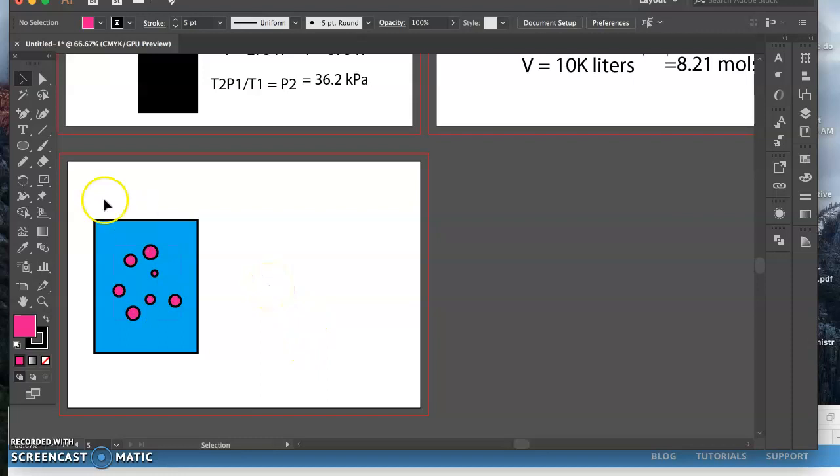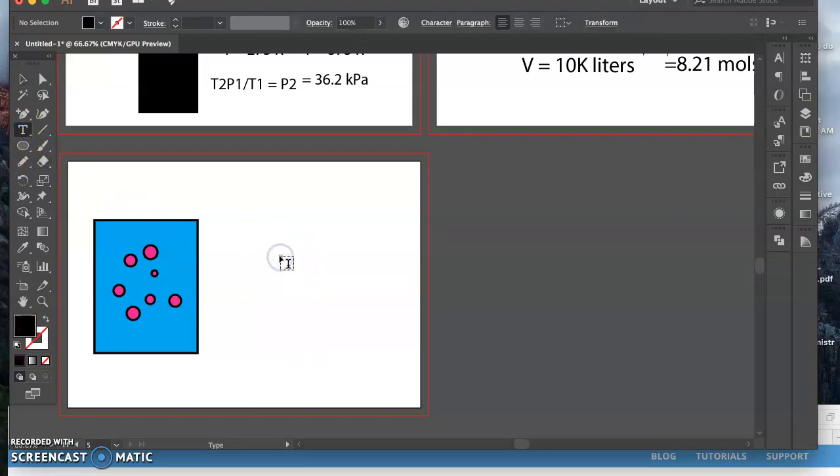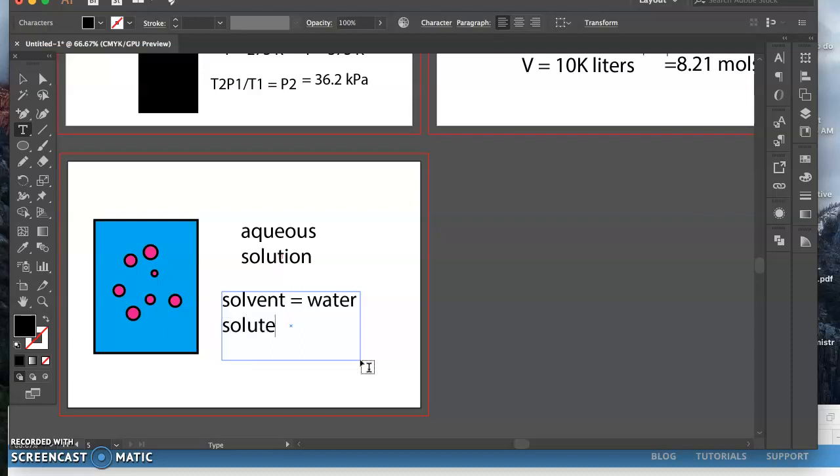In fact, I have what's called an aqueous solution. Aqueous meaning that the solvent equals water, and here the solute, which is the purple stuff.